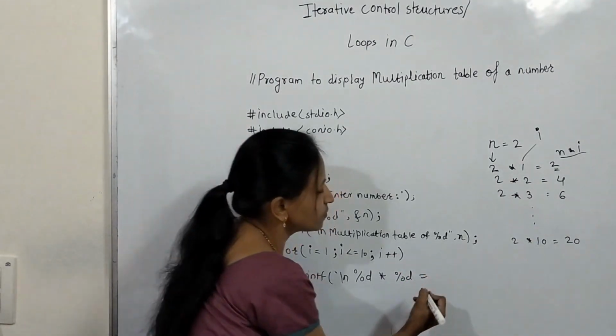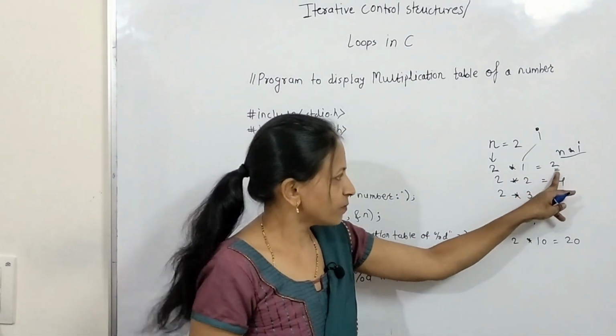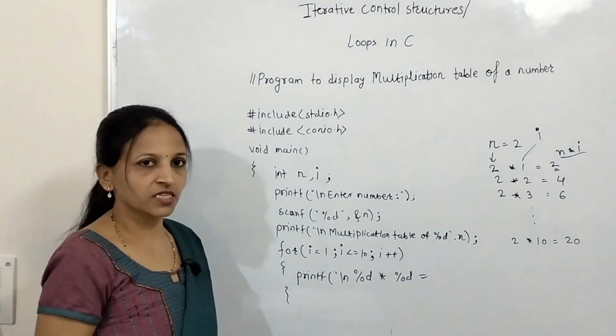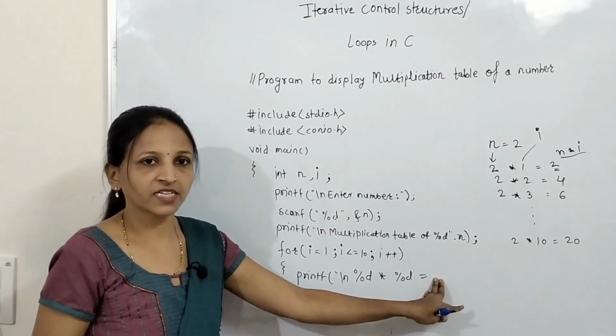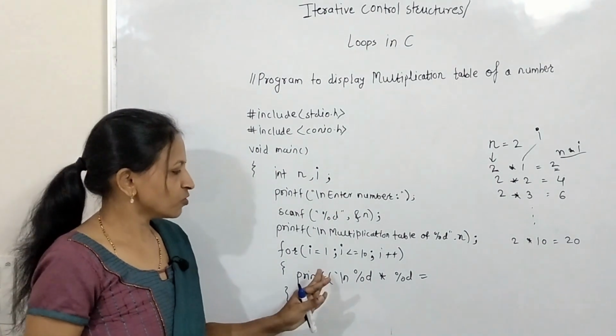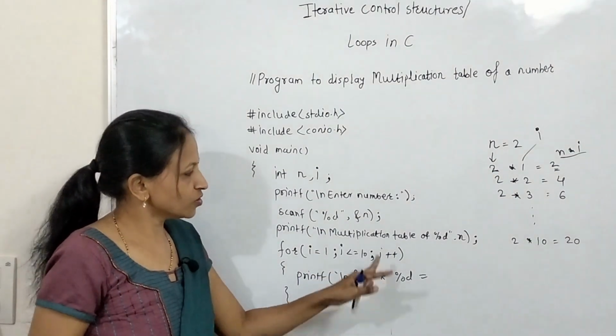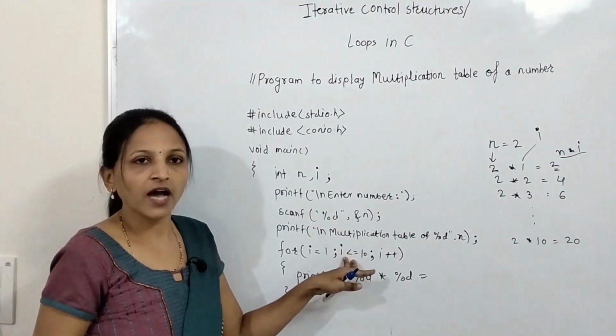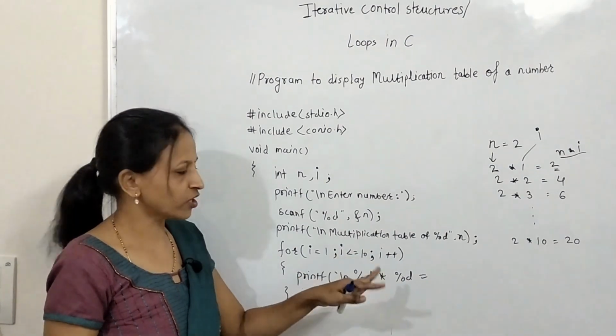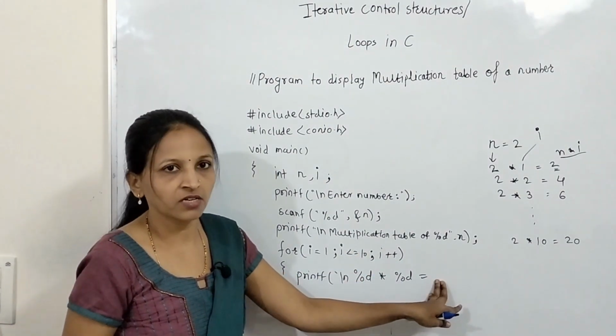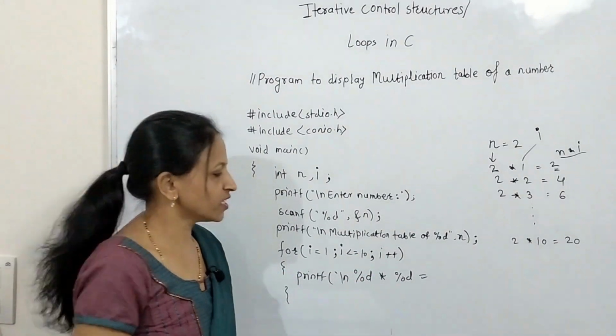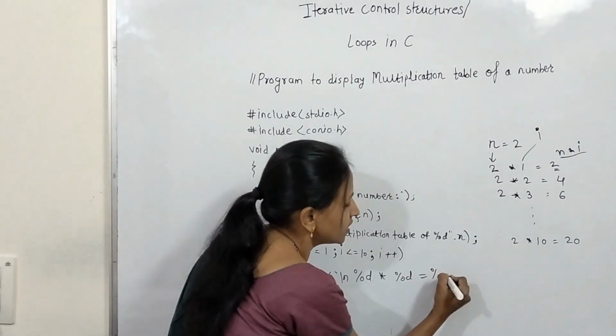Then we display the equal to character, and after that the multiplication result, which will be an integer value because we multiply n with i. Whatever result we display will be an integer value, so again we write %d.